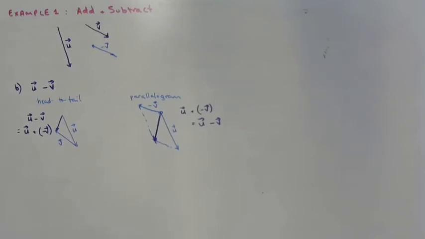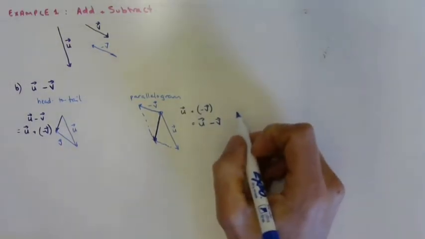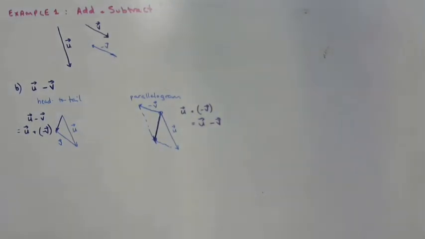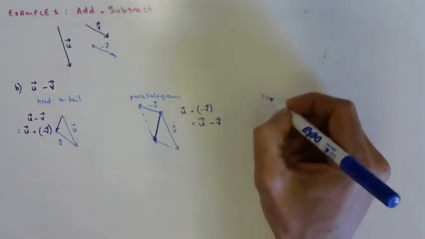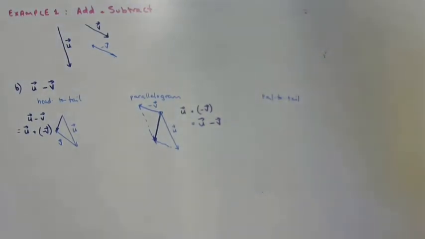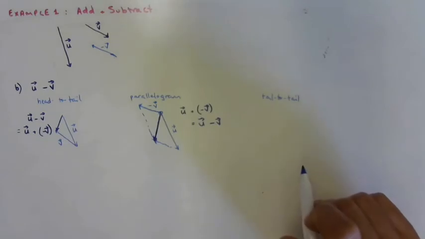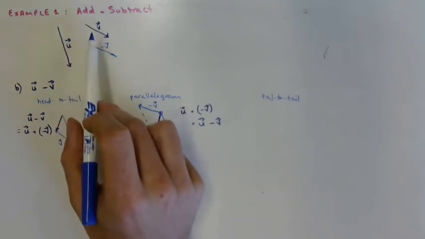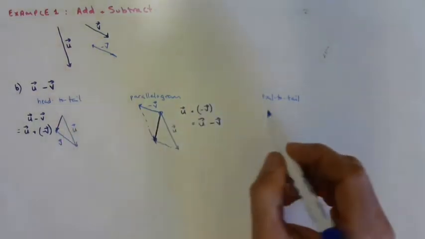All right, there is one more way to do this, and it is the tail-to-tail method. All we're going to do is take u as it's presented in the original drawing, and v as it's presented in the original drawing, and we're going to put them tail to tail.